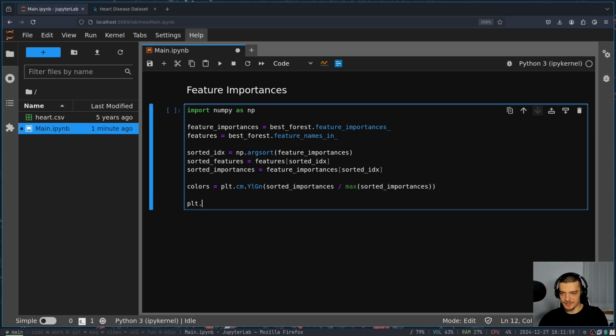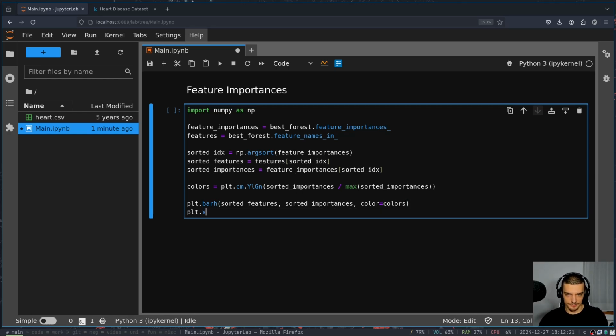And now we're going to say plt barh, sorted features on the y-axis because we have a horizontal bar, sorted importances on the x-axis, and the color is going to be colors.